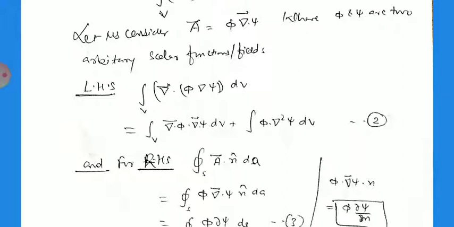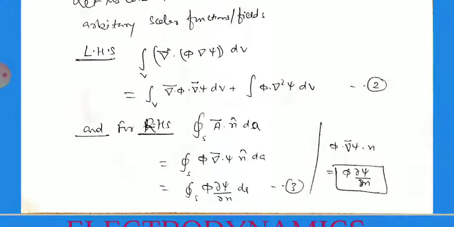In place of the A, I have written the phi del psi, then this will be converted into the phi del psi dot n cap dA. Here phi del psi dot n cap को हम लिख सकते हैं phi del psi by del n, because this is along the n cap that is perpendicular to the surface direction.